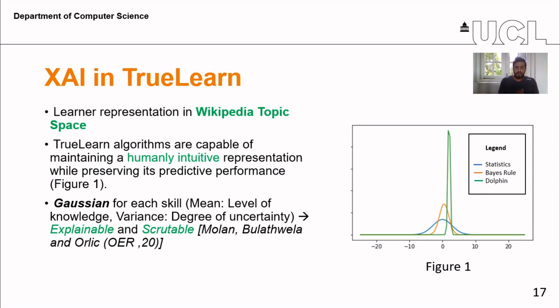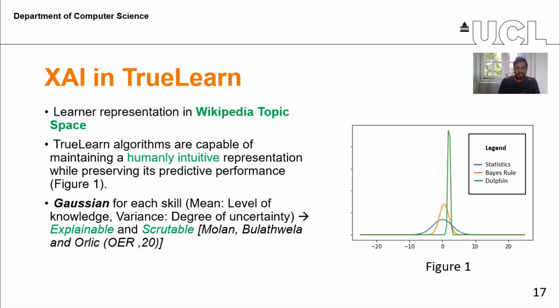So here you can see that there are three normal distributions that have been learned by the TrueLearn model. One of them, the blue one, is for statistics, the orange one is for Bayes rule, and the green one is for dolphin.